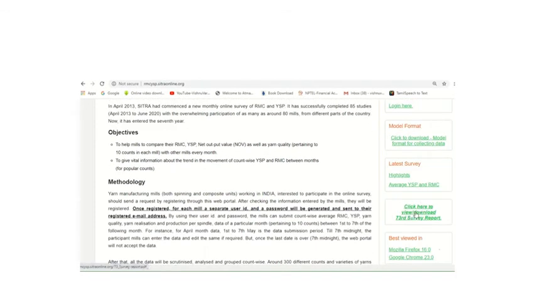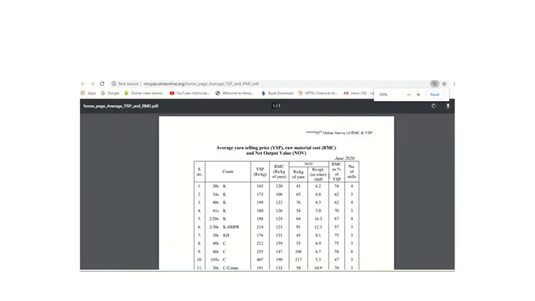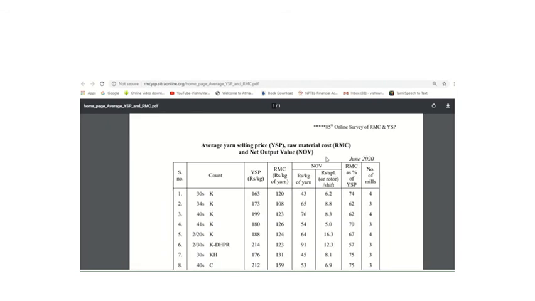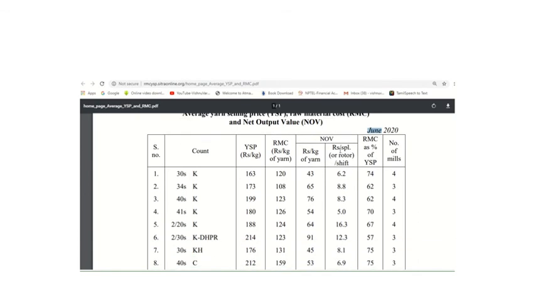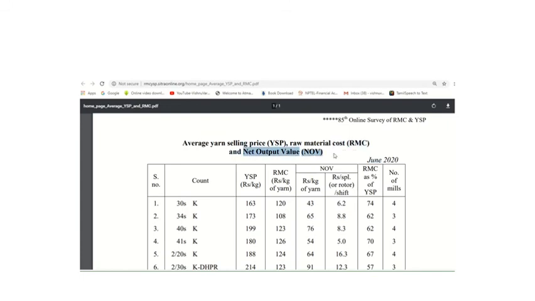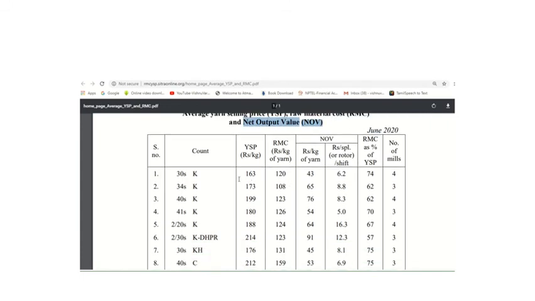They have put the average yarn selling price and raw material cost from the 85th survey that was conducted for June 2020, and net output value for the various mills. The average is put here. You can see yarn selling price for 30 carded was 163.